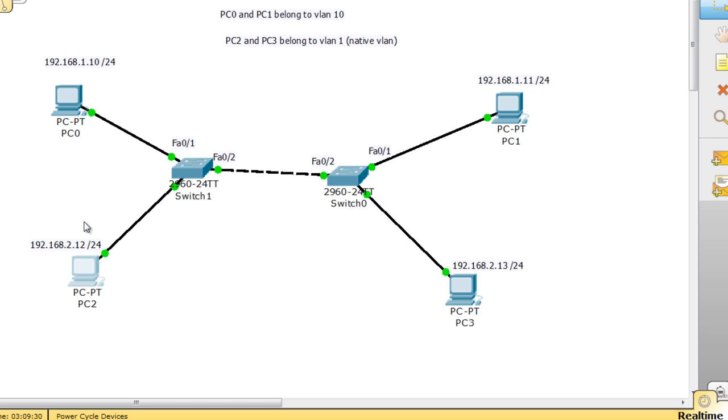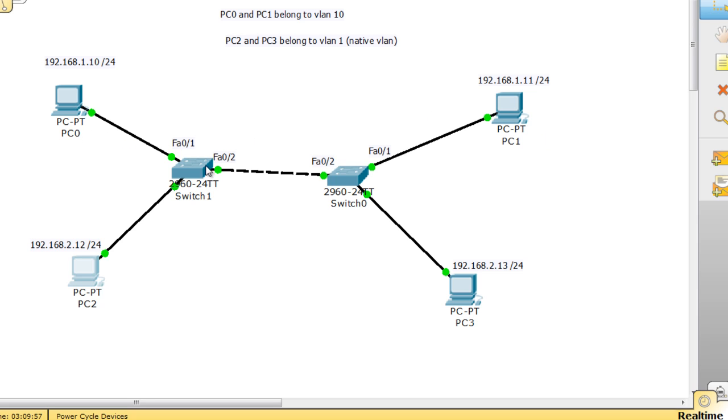Switch 1 is connected to two PCs, PC0 and PC2, and switch 0 is connected to PC1 and PC3. I assigned PC0 and PC1 to VLAN 10, and PC2 and PC3 belong to VLAN 1, which happens to be the native VLAN. But let's focus on the 802.1q tag, how it works. So let's say this PC wants to send a frame to PC1.